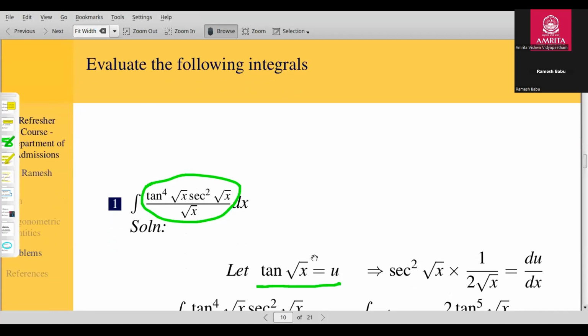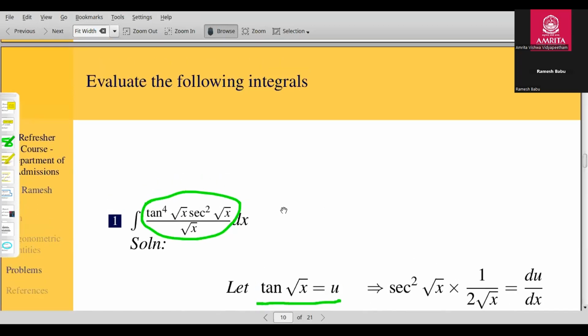When you take up the substitution u is equal to tan of root x, I have to differentiate on both sides. You know very well, differentiation of tan x is secant squared x.